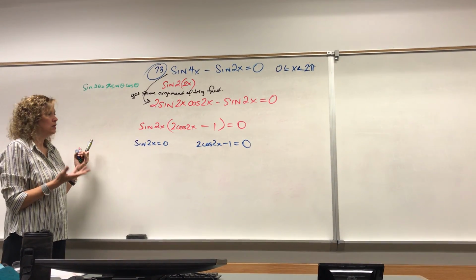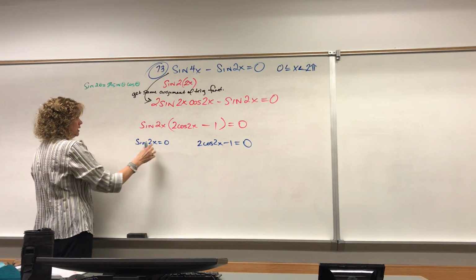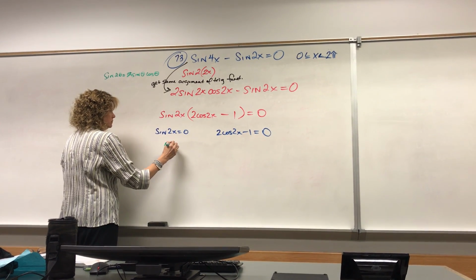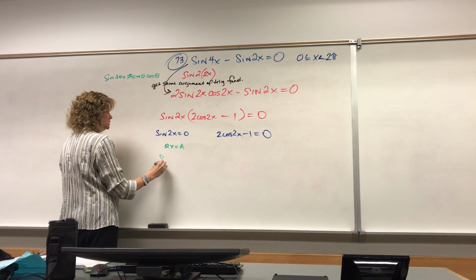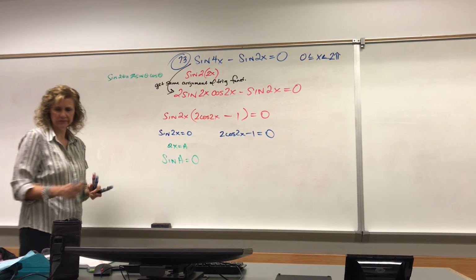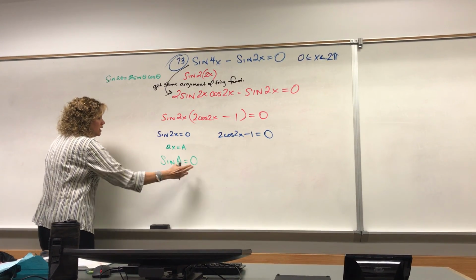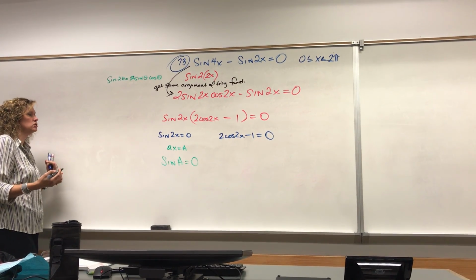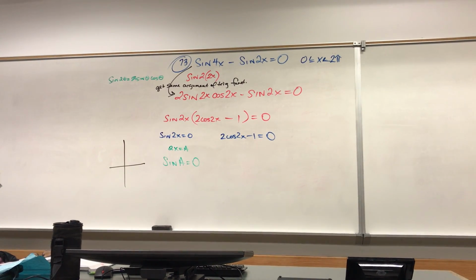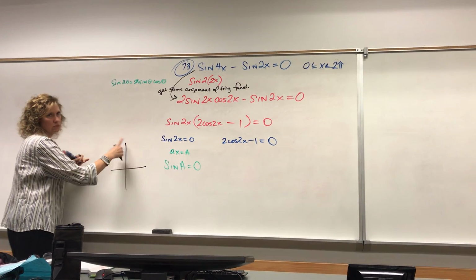Good. I like to substitute at this point, so let's let this be A. So now I'm solving the sine of A is equal to 0. Hopefully, you've done enough equation solving that you are comfortable that the sine is going to be 0, 1, or -1 on your quadrantal angles.